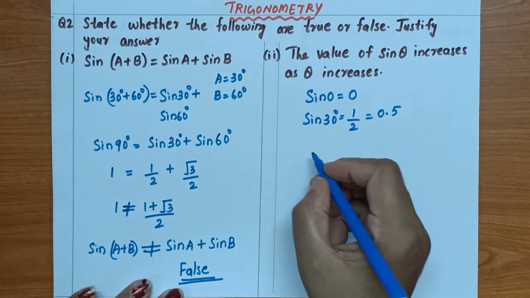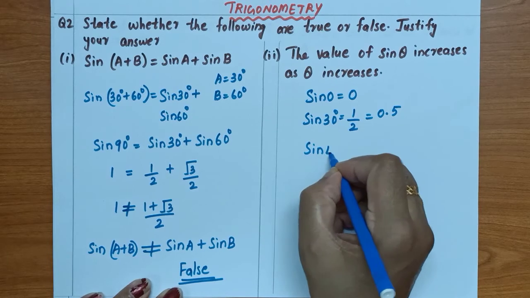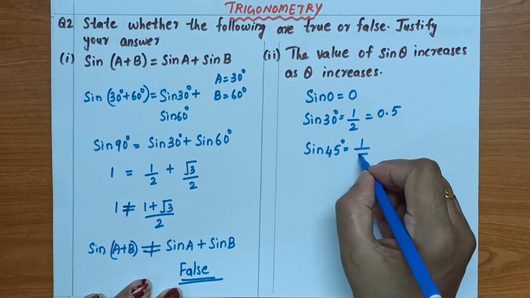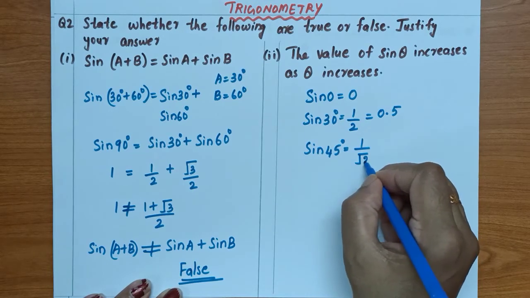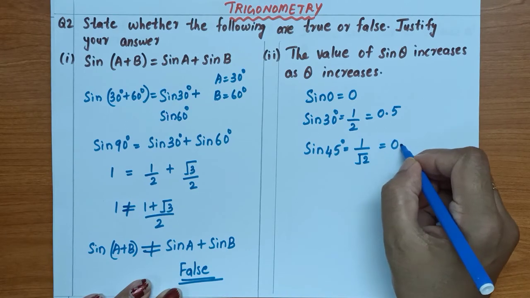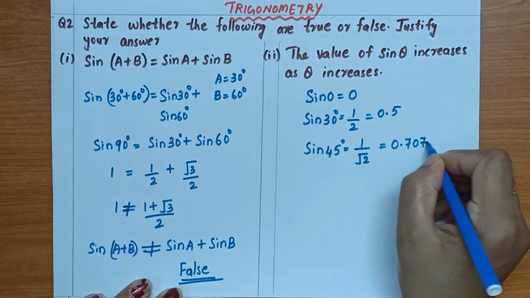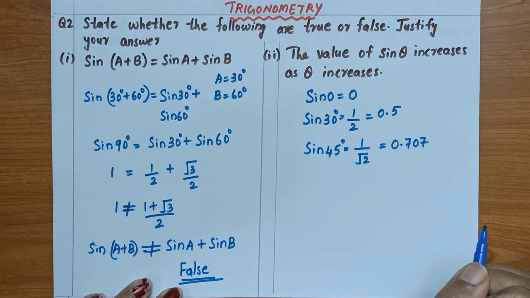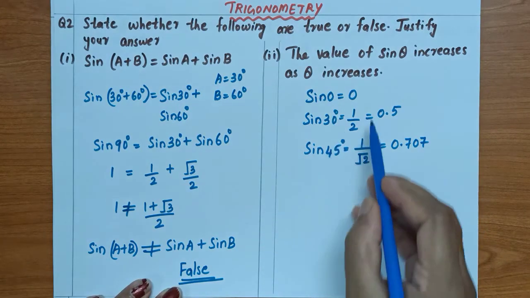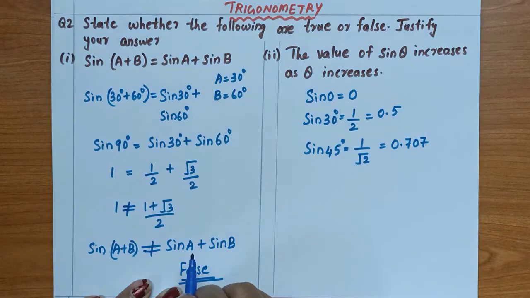Sin 45 degree is 1 by root 2, which is 0.707. From there itself we can see it is increasing. When the value of theta increases, the value is increasing.